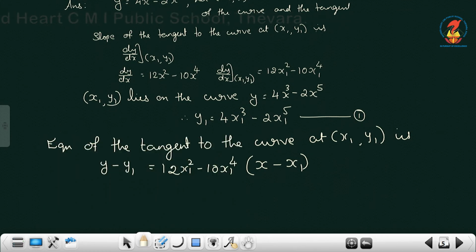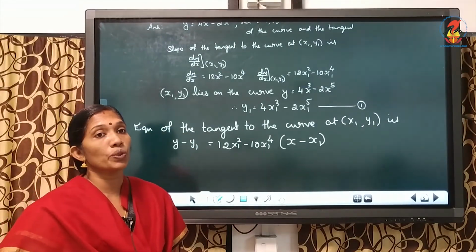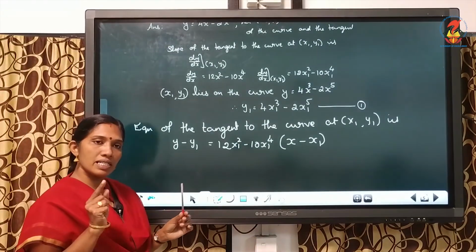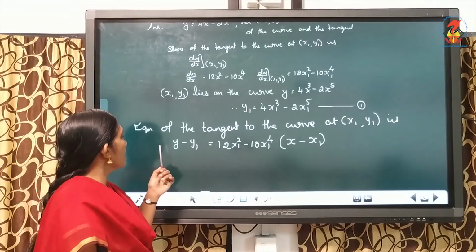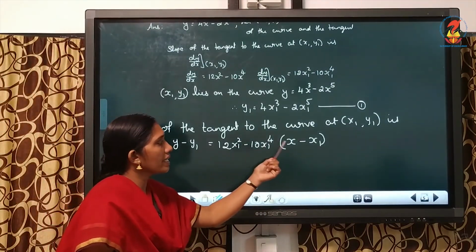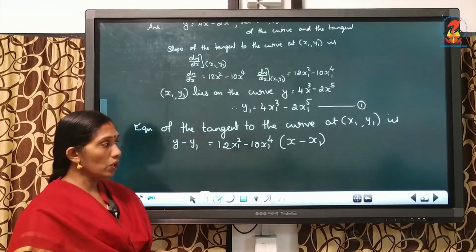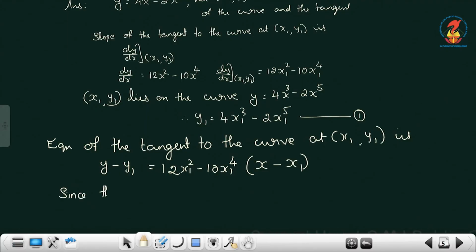This is the equation of tangent. This tangent passes through, in the question it is given that it passes through the origin. It passes through the origin means we can substitute 0, 0 for this x and y, since the line passes through the origin.